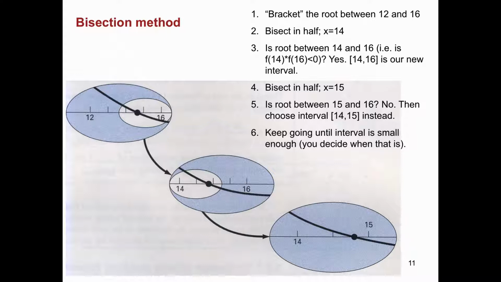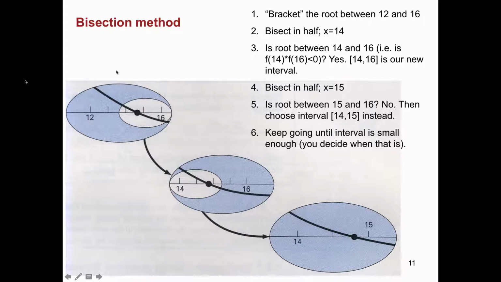And I just keep doing that until I'm happy with the small width of the interval, because my interval will keep halving as I go. So this first step of taking an interval, throwing in a midpoint, and then evaluating which one of the two halves is my next bracket is essentially the algorithm.